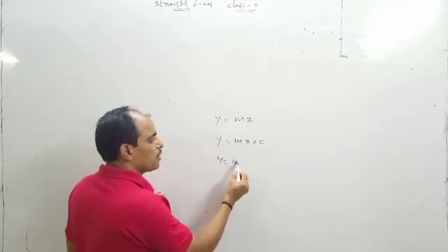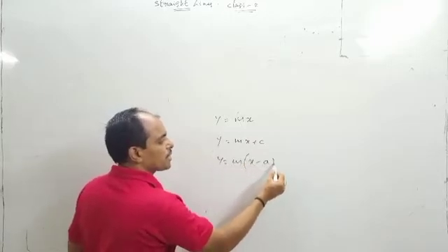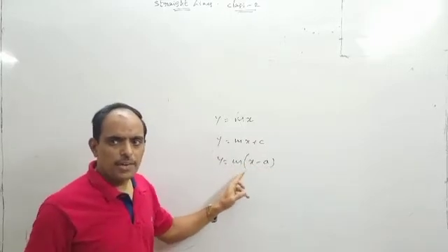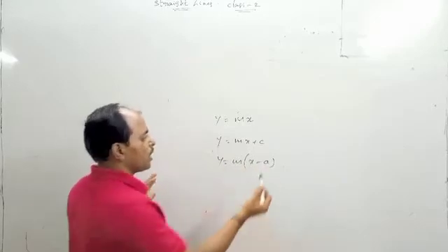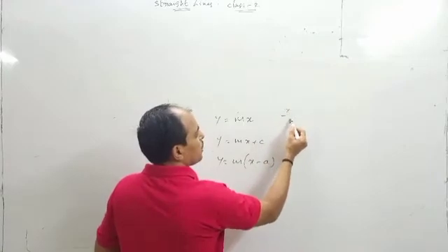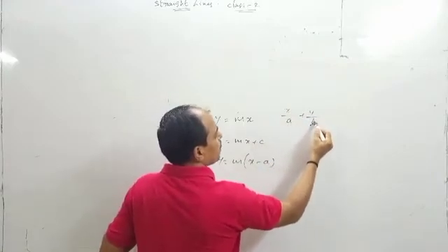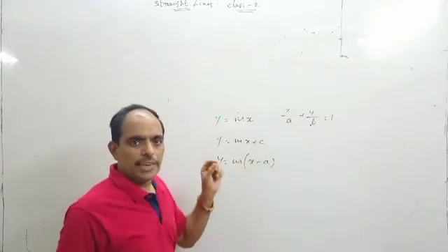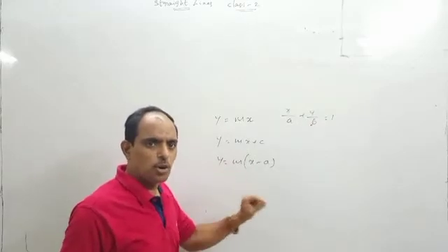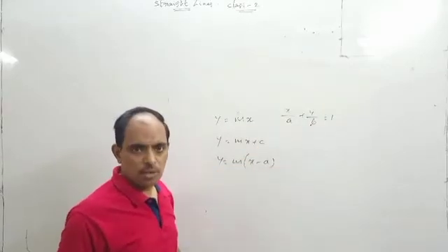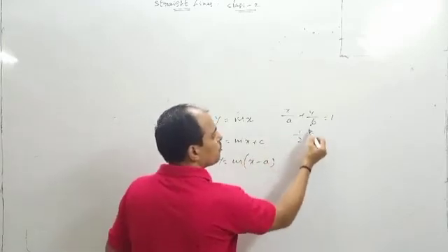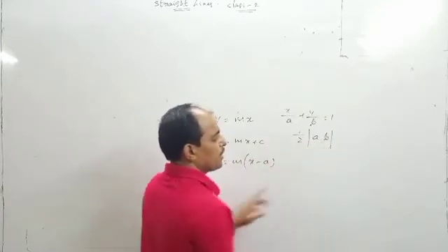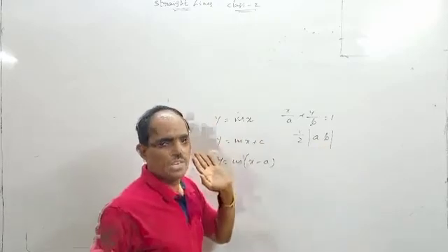Y is equal to m of x minus a when slope and x intercept is given. And x by a plus y by b is equal to 1 when x intercept and y intercept both are given. And what is the area of this line with coordinate axis? Half modulus of AB, x intercept into y intercept.